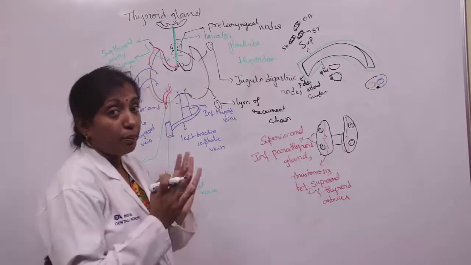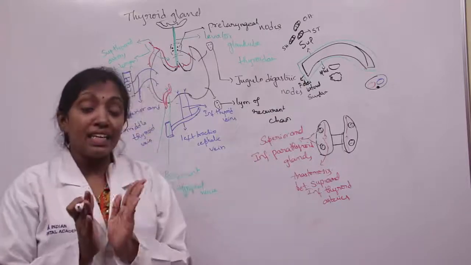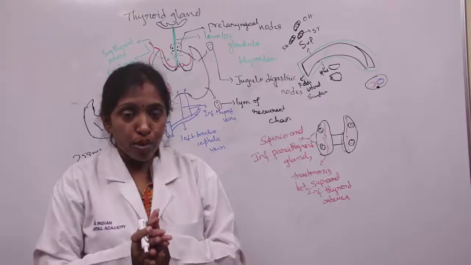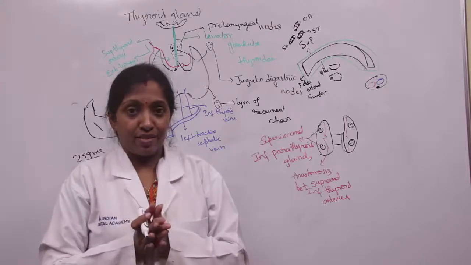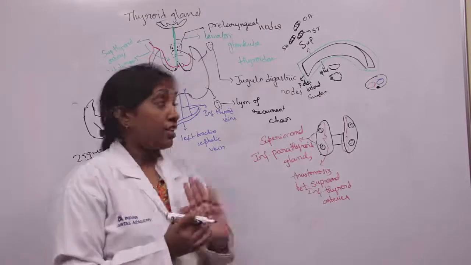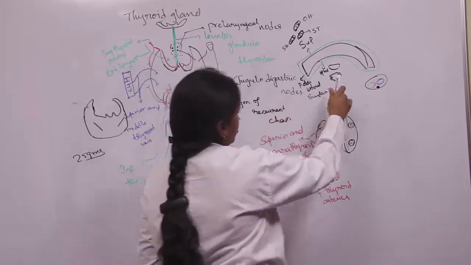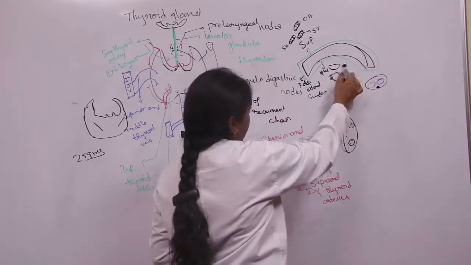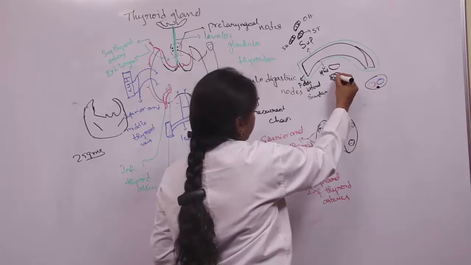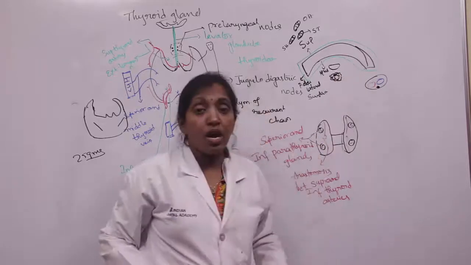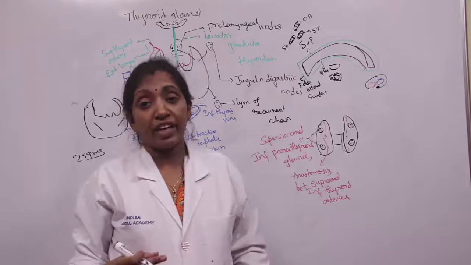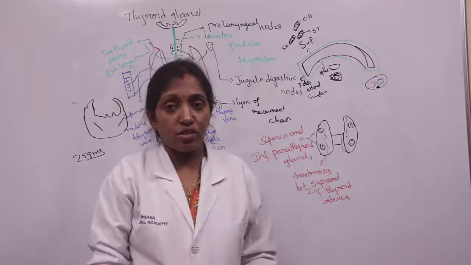Okay, and coming to the medial surface. The medial surface is related to two tubes, two muscles, two nerves. So what are the two tubes? The medial surface is related to the trachea and esophagus. Here is the esophagus. Two tubes: the trachea or larynx, pharynx or esophagus, right?